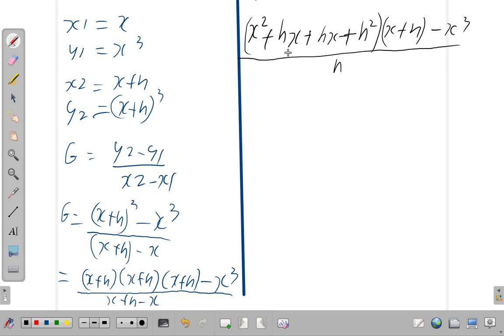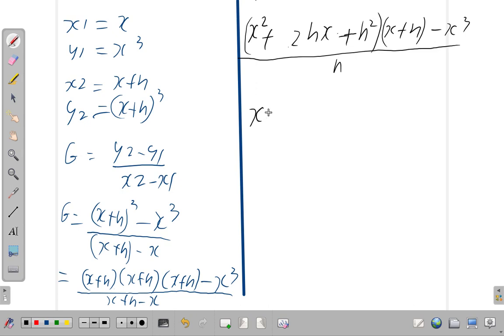Alright, here now, hx plus hx is 2hx, so let's just put that as 2hx. We don't have a lot of space, so let's just do that. 2hx. Alright, we multiply again. x squared times x would be x cubed.